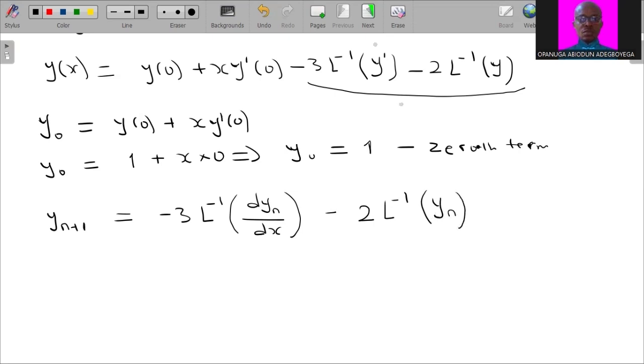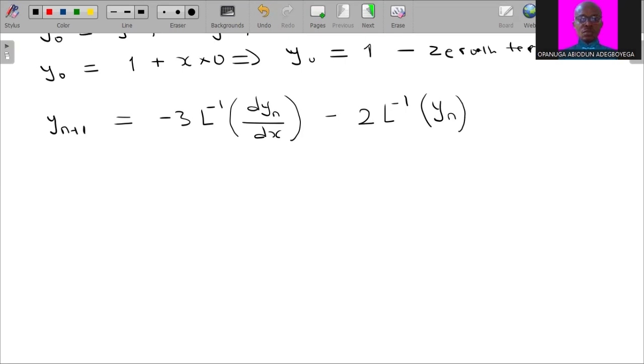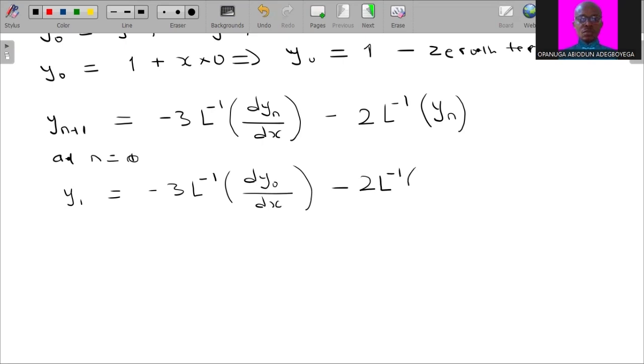So we shall then begin to simplify to obtain other terms. So at n equal to 0, we are going to have y1 equal to negative 3 L inverse of dy naught dx minus 2 L inverse y naught.